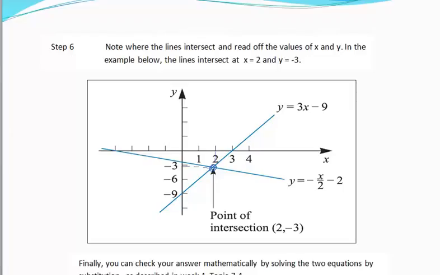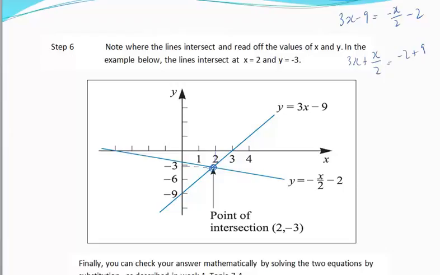And we can check this by solving the two equations by substitution. So here we know y is equal to 3x minus 9 and y is equal to negative x on 2 minus 2. So 3x plus x on 2 is equal to minus 2 plus 9.